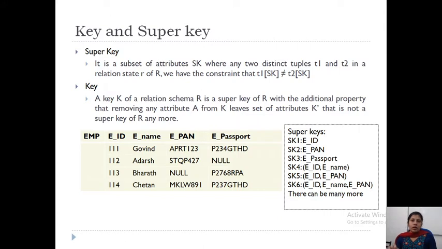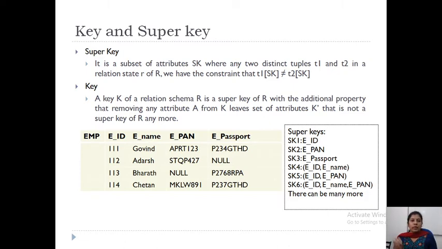A key of a relation schema R is a super key of R with the additional property that removing any attribute A from K leaves a set of attributes K dash that is not a super key of R anymore. Now what this definition says is, here I have a super key.